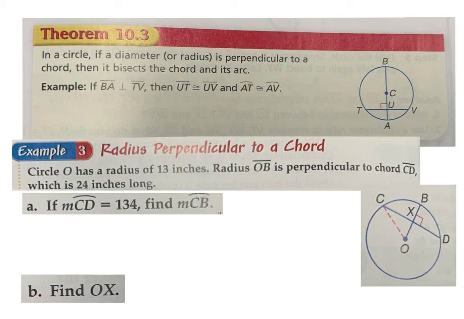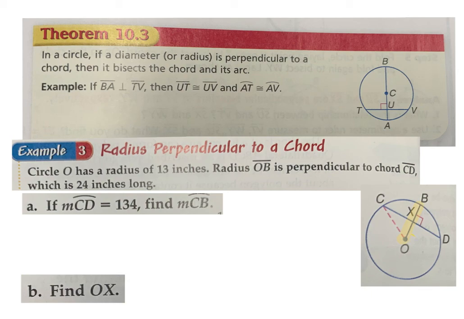So let's look at how this is used. Top of page 538. Radius perpendicular to a chord. Circle O has a radius of 13 inches. Radius OB is perpendicular to chord CD, which is 24 inches long. All right? So they have told us that the radius is 13 inches.